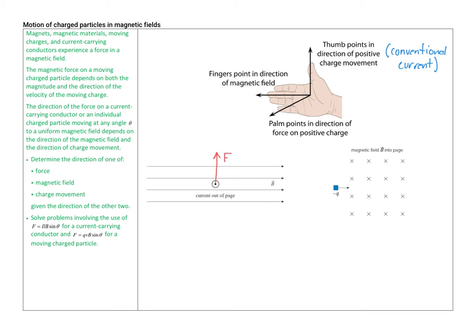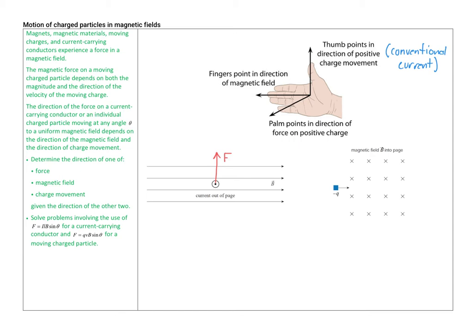Now, that applies for a current carrying wire, but it also applies for a charged particle, say here a negatively charged particle. This might be an electron moving through a magnetic field. Here, fingers point into the page, that's the direction of the magnetic field. The thumb shows the direction of movement of the charge, but in this case that's a negative charge and the thumb shows the positive charge.